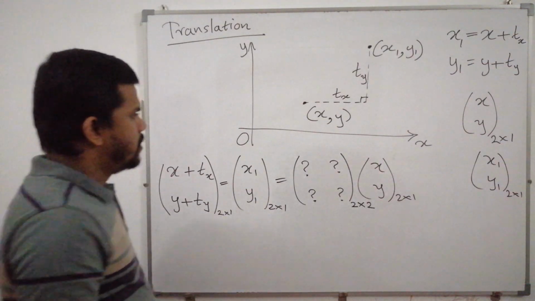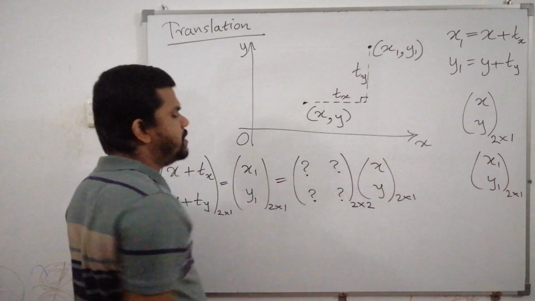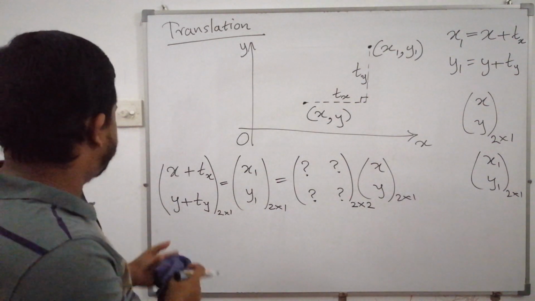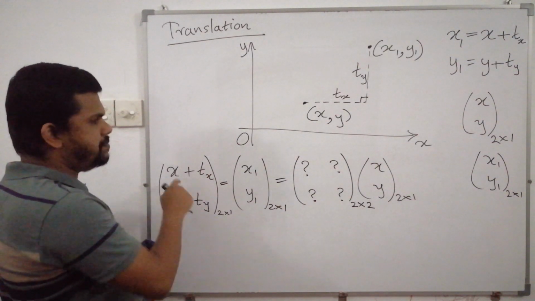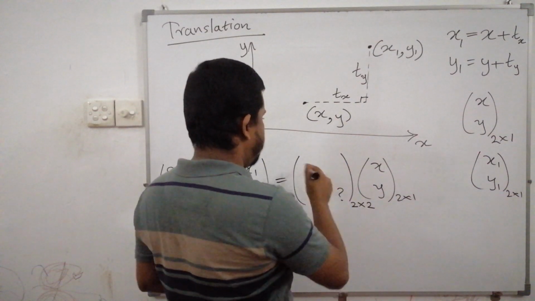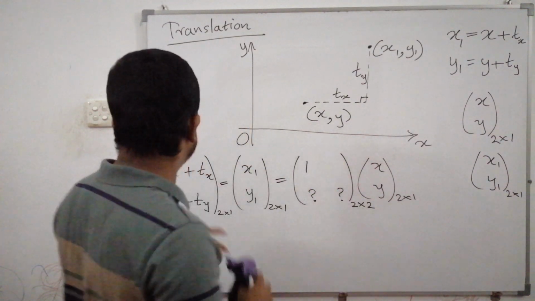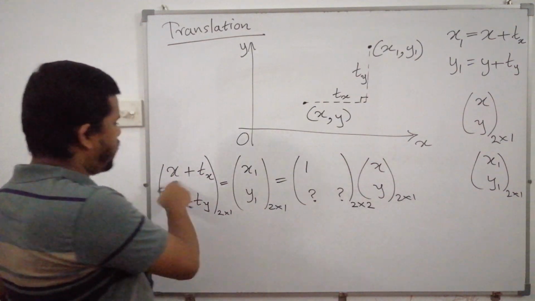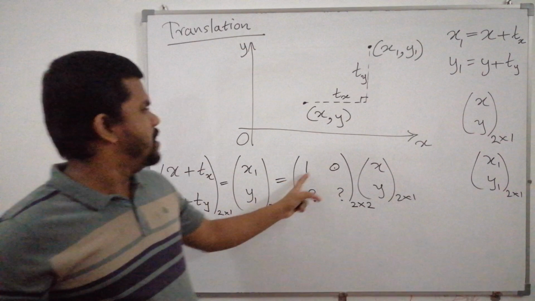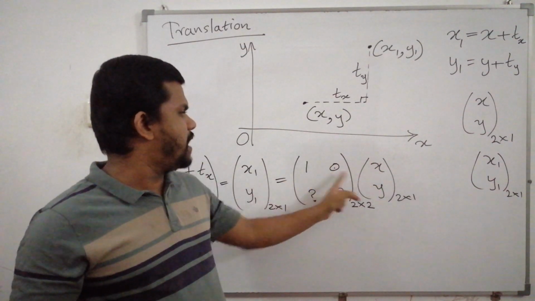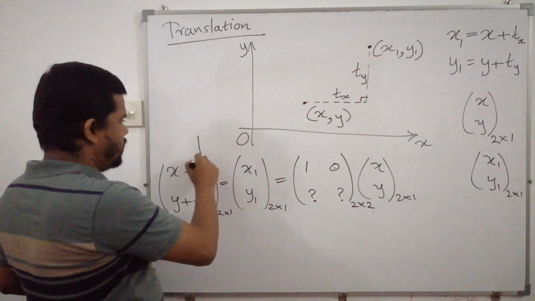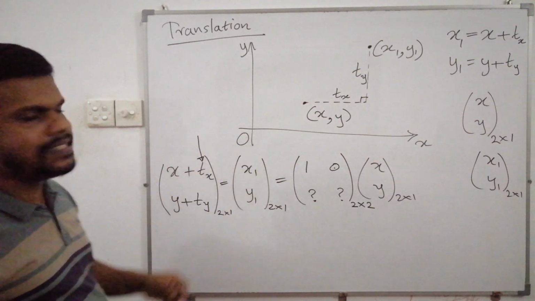Now, can we find such a matrix? So let's try. In order to get this term, what should we do? We can put here 1, we can get x. No y terms here, we can put here 0. Then we get x plus 0, but we cannot get the tx term.